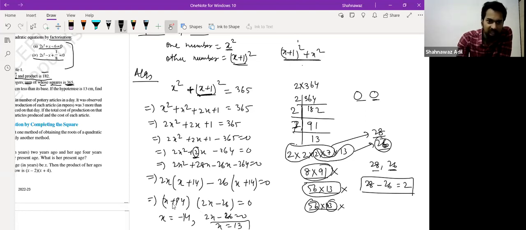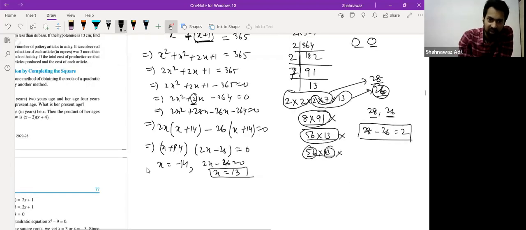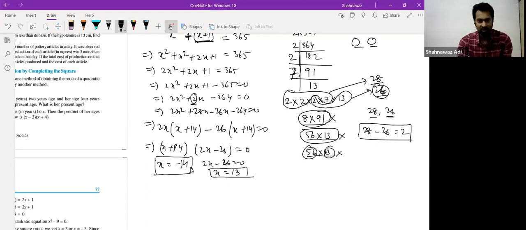But you see, the 2 consecutive positive integers, right? So what would be the x? Which one should be discarded? These are the 2 answers, so which one should be discarded?